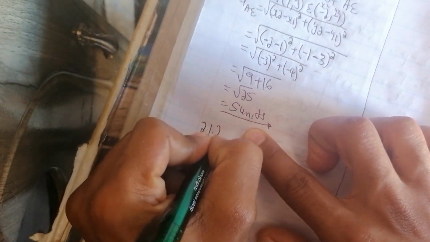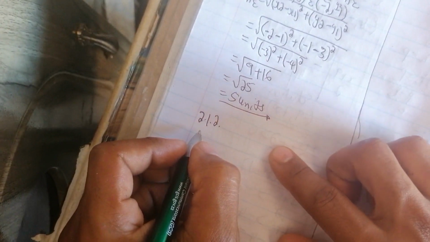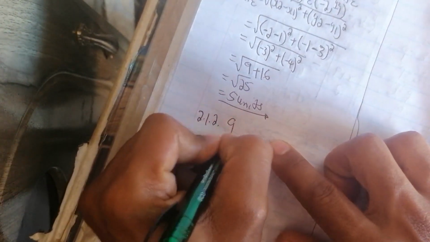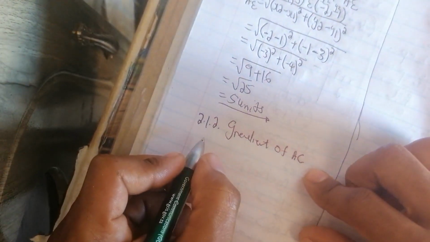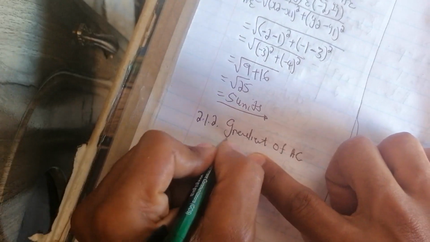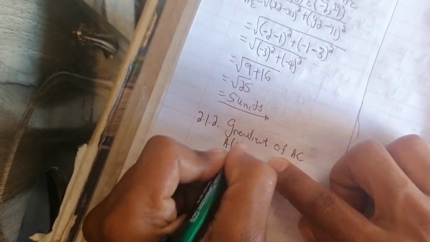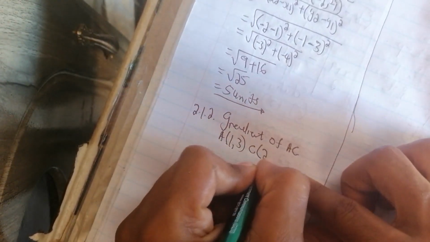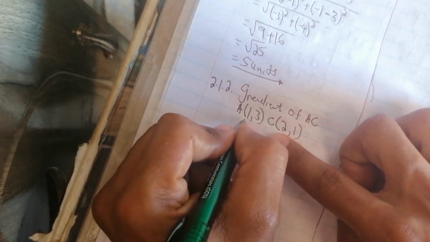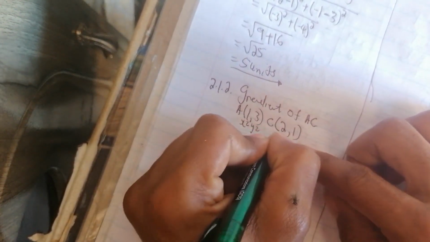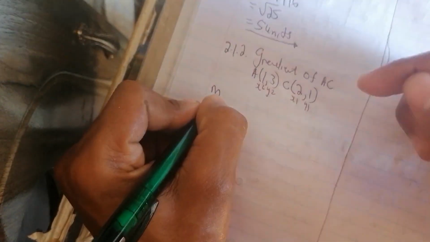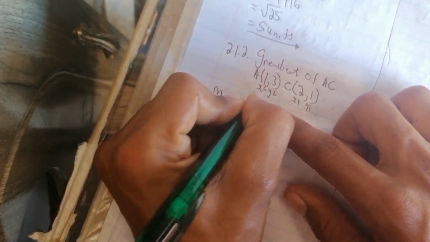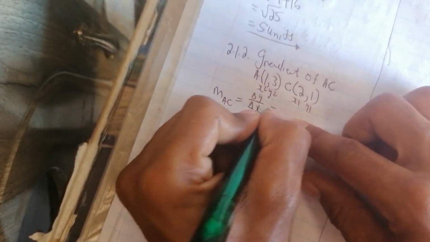Let's go to 2.1.2: calculate the gradient of AC. Now we must have both A and C. We have A (1, 3) and C (2, 1). The same thing transpires: we can say x2, y2, x1, y1. The gradient of AC is equal to the change in y over the change in x.